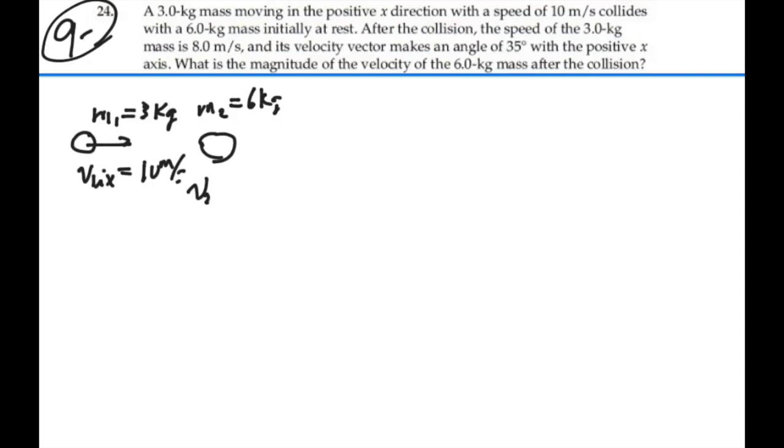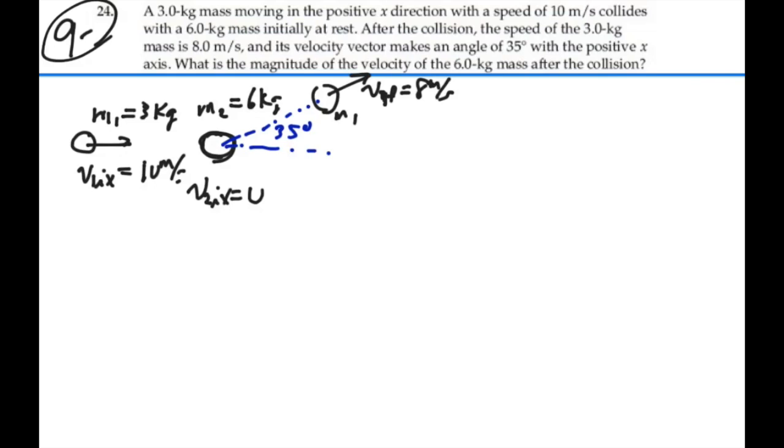Initial velocity in the x direction of 0. It's at rest. Then we're going to have a collision at a 35 degree angle. Mass 1 is going to proceed with a final velocity of 8 meters per second. That's the magnitude of its final velocity.